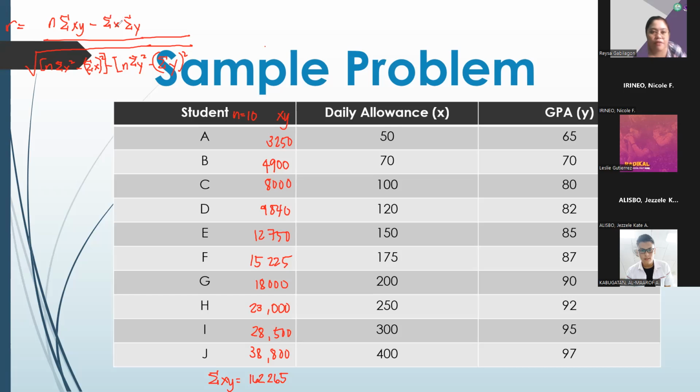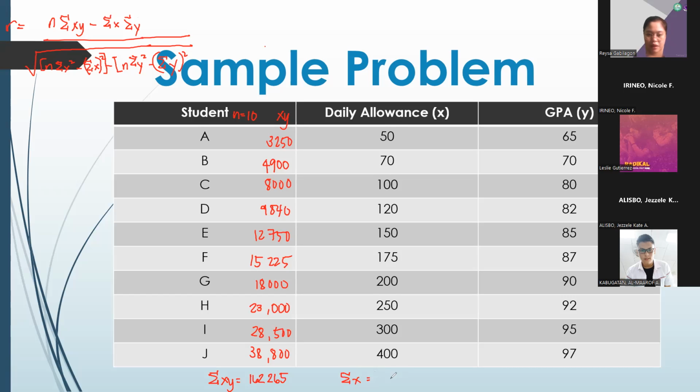Next, summation of X and then summation of Y. Meaning, i-add lang natin ito, class. Summation of X. Add natin lahat. 50 plus 70 plus 100 plus 120, 150, 175, 200, 250, 300, and 400.